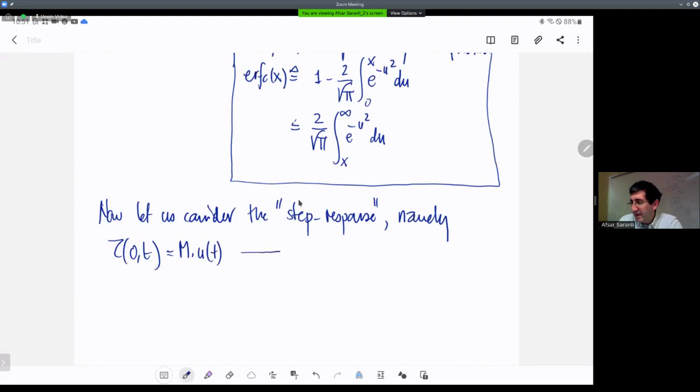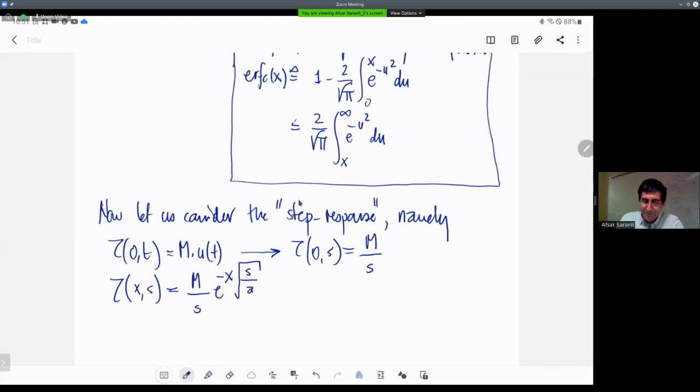That means in the s domain, tau 0 of s is equal to m over s. So with this, our Laplace domain response X(s) is equal to m over s e to the minus x s over a square root. Okay.